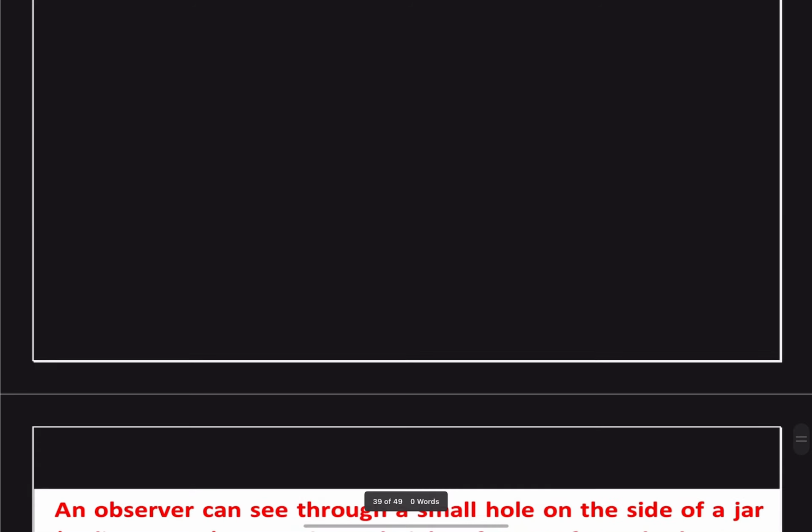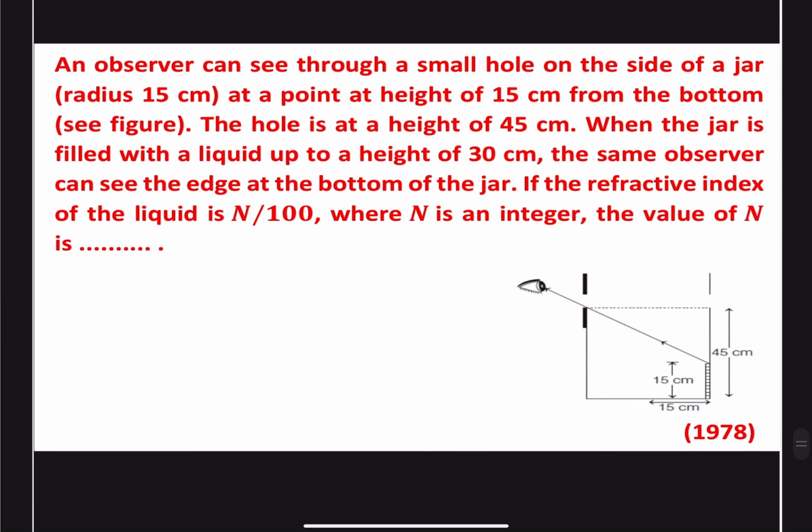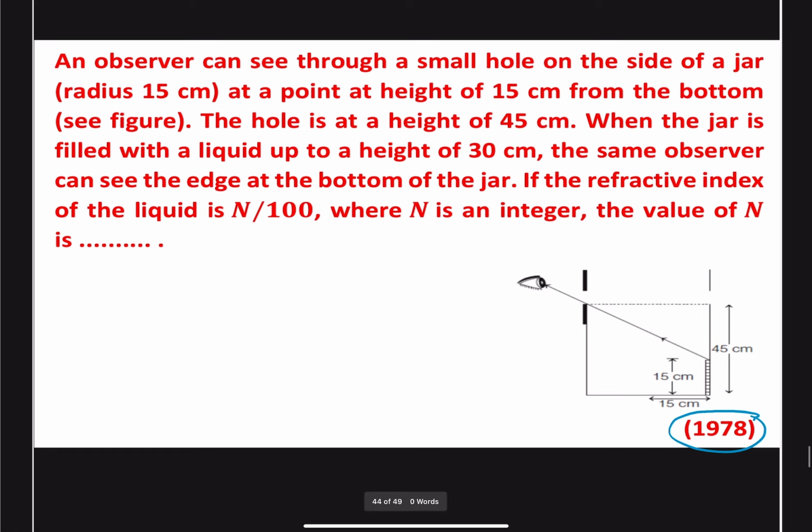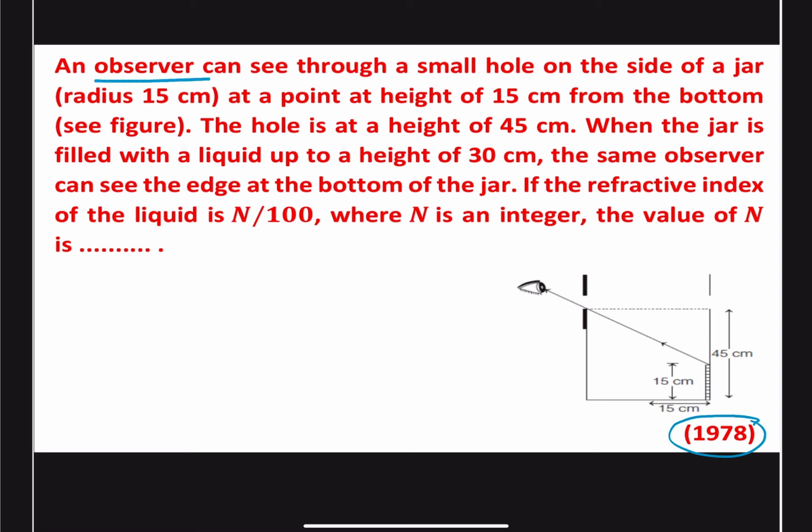So we come to the next question, which was asked in the year 1978. It states that an observer can see through a small hole on the side of a jar of radius 15 centimeter, a point at a height of 15 centimeter from the bottom, see figure.